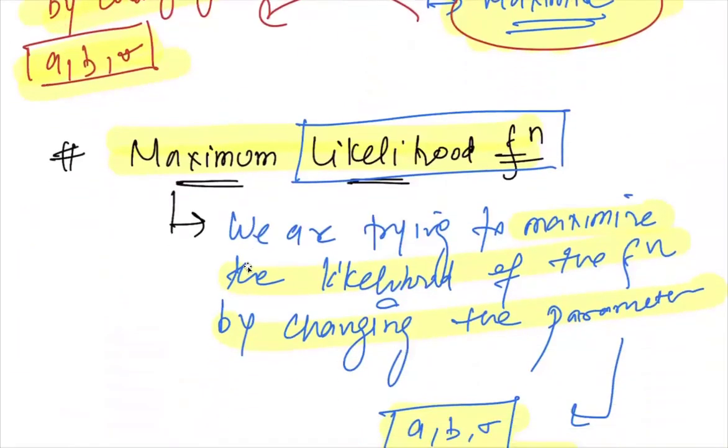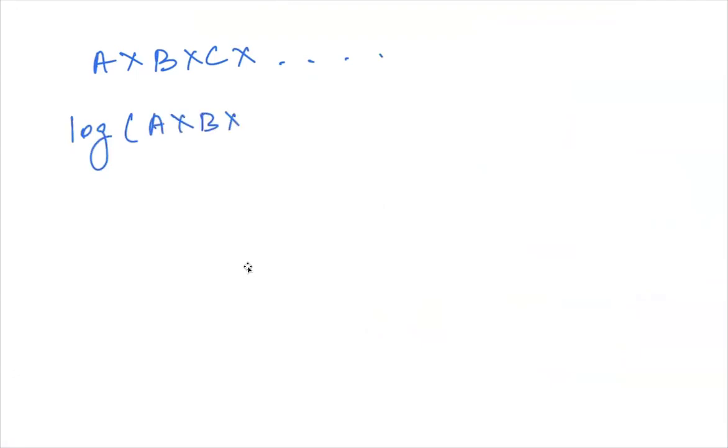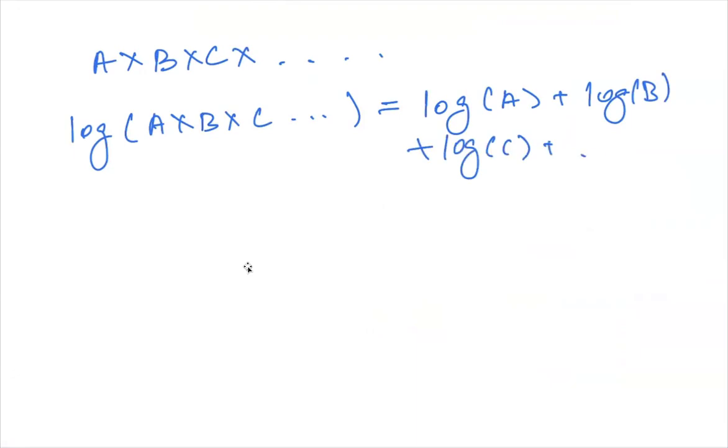And we know that mathematics is so beautiful that we got introduced to log, right? So we know that if we have A times B times C and so on, and we take the log of this, it becomes log of A plus log of B plus log of C and so on, right?